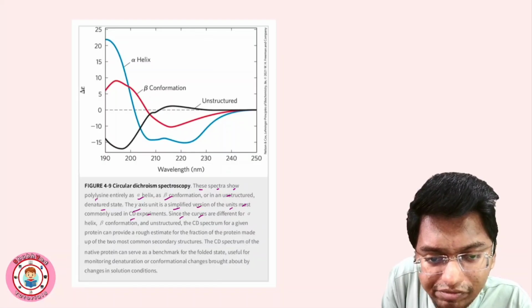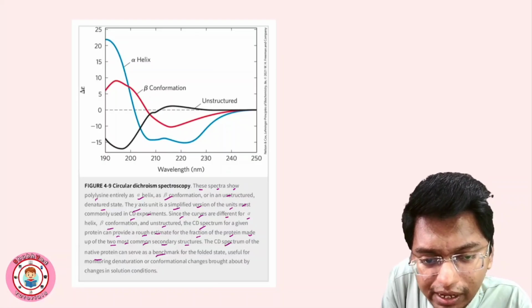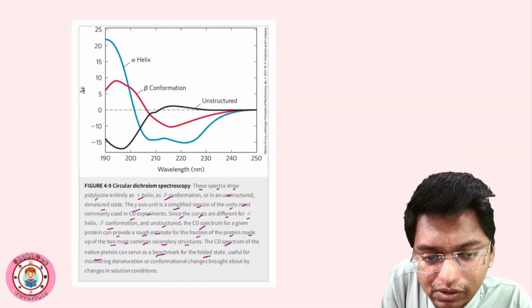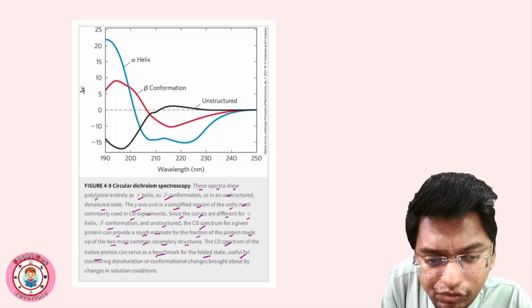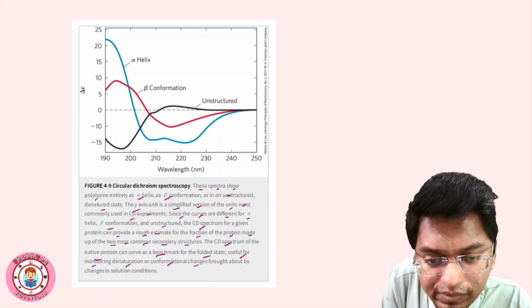Since the curves are different for alpha helix, beta conformation and unstructured, the CD spectrum for a given protein can provide a rough estimate for the fraction of the protein made up of the two most common secondary structures. The CD spectrum of the native protein can serve as a benchmark for the folded state. Okay, the folded state of the protein is very important, useful for monitoring denaturation or conformational changes brought about by changes in solution condition.